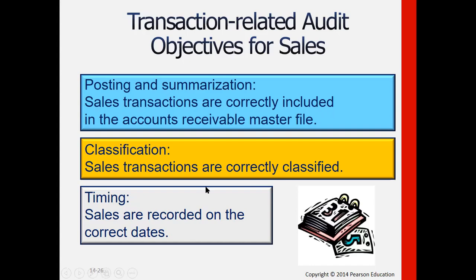Classification will be if sales transactions are correctly classified into credit or cash, or if there are more sales like installment sales and consignment sales, so they also have to be reflected. Then timing, if they have been recorded on the correct dates, because if they have been reflected on the correct dates, such will be reflected also on the correct financial statements or reports.